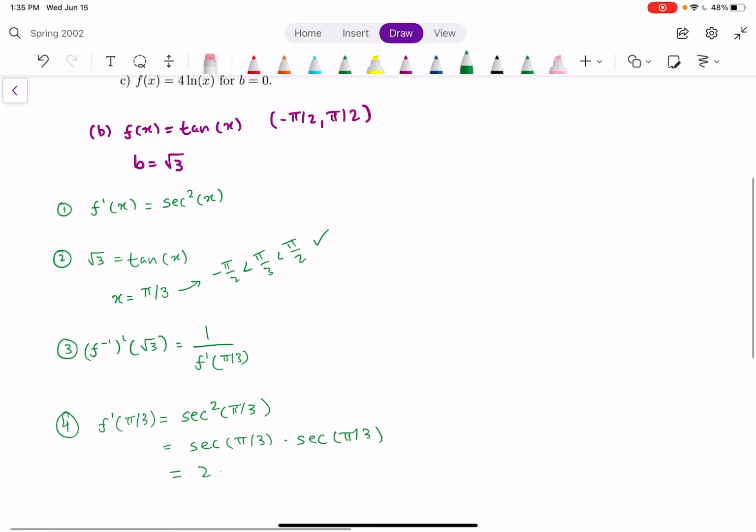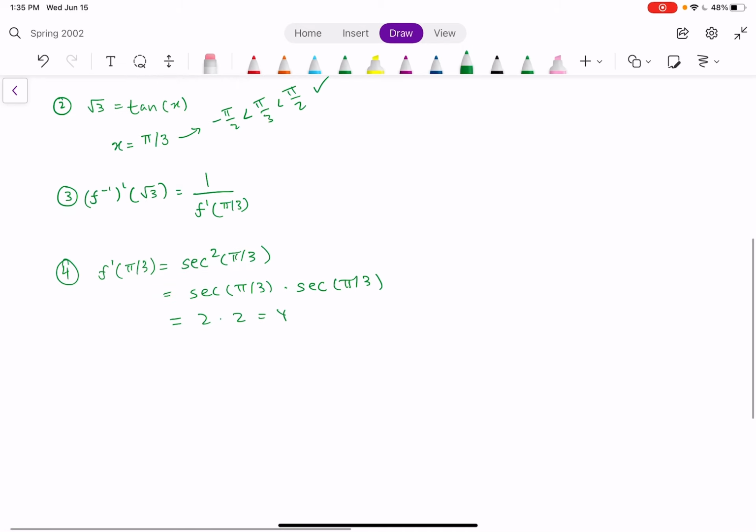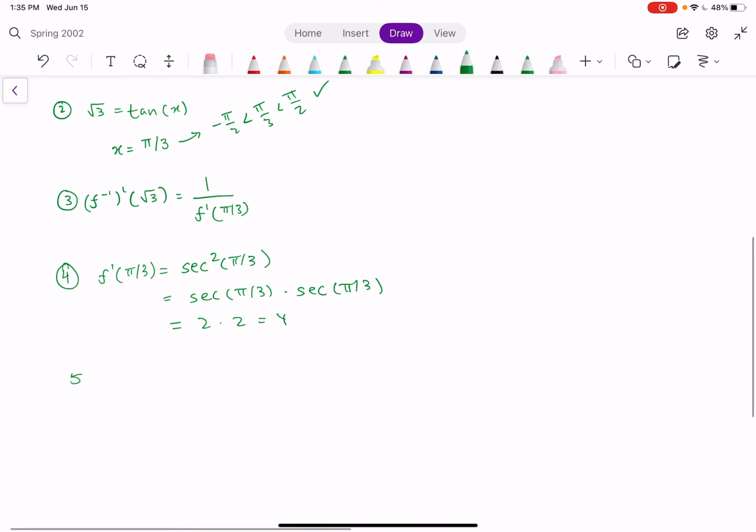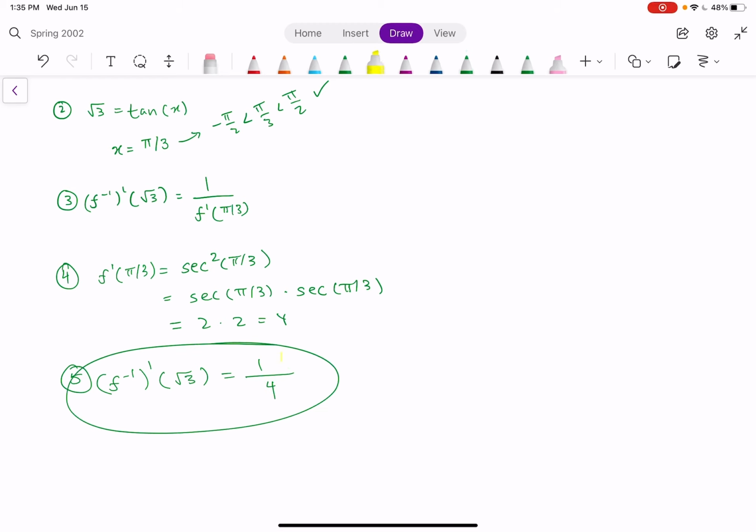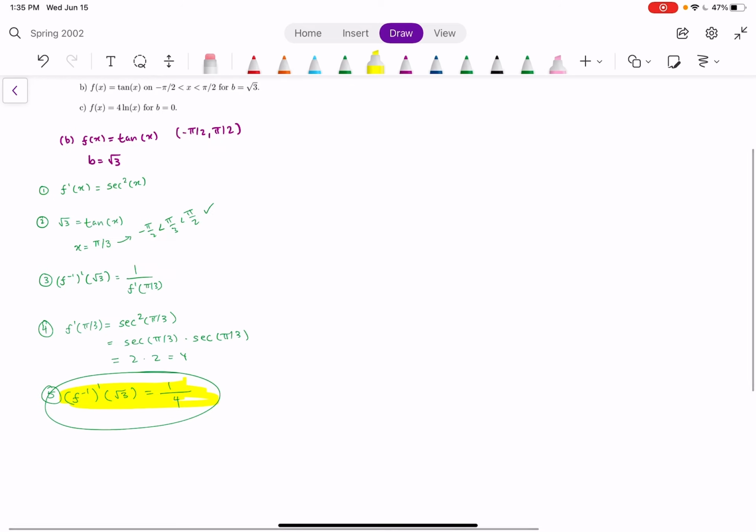And we know it's 2, so 2 times 2 equals 4. So our answer, f inverse prime of root 3, is equal to 1 over 4. Boom. Highlight. So that's how you attack these problems.